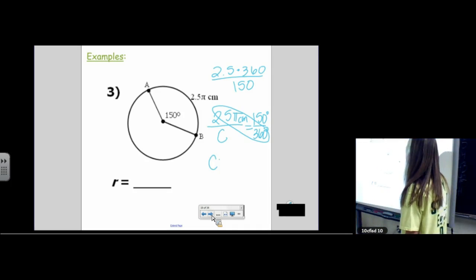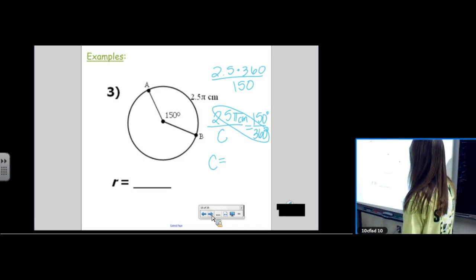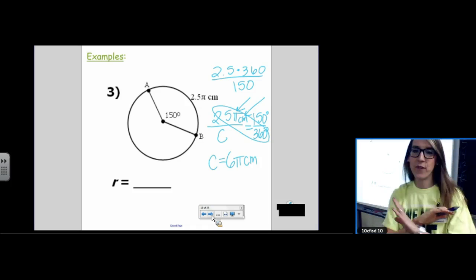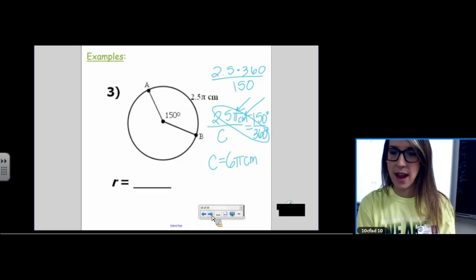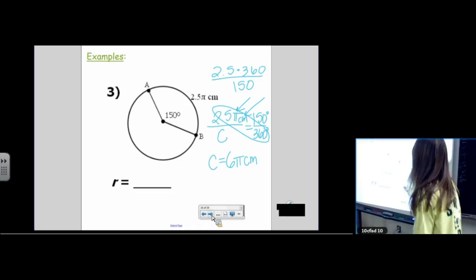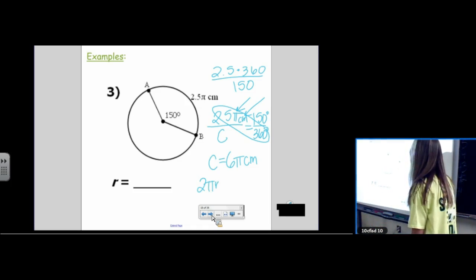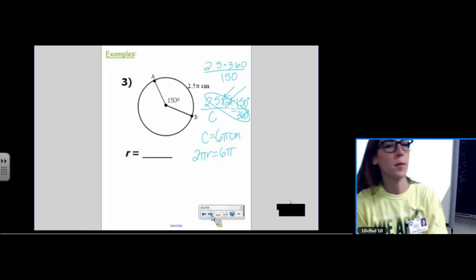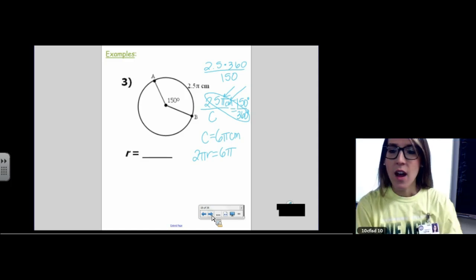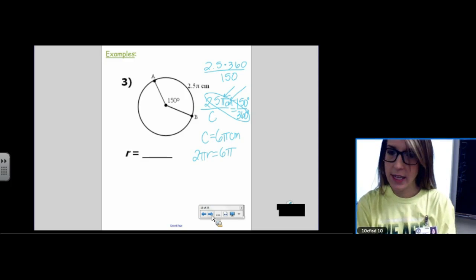So, notice what did not cancel. You get 6. Something that didn't cancel was pi. Something that didn't cancel was centimeters. So that's the full answer for the circumference. 6 pi centimeters. Now, I want the radius. I know you can do this in your head. I just want to show you where it comes from. Circumference formula is 2 pi r. The circumference is 6 pi.